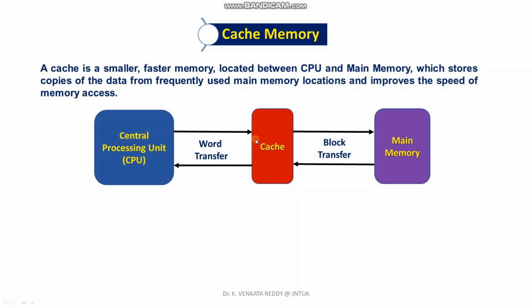If you do not have cache memory, whenever the central processing unit wants to access data, it accesses the data directly from the main memory. If the word length of this processor is 16 bits, at a time it transfers 16 bits of data to the main memory or gets 16 bits of data from the main memory.